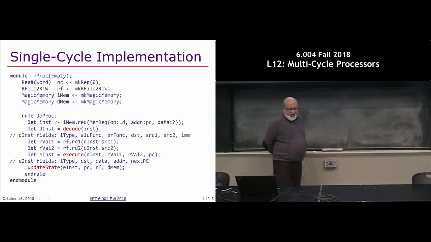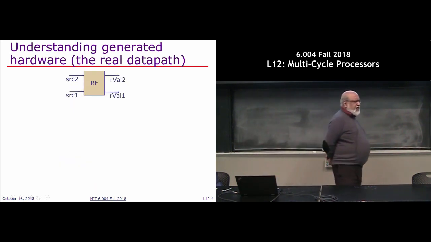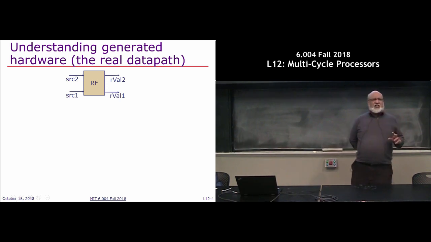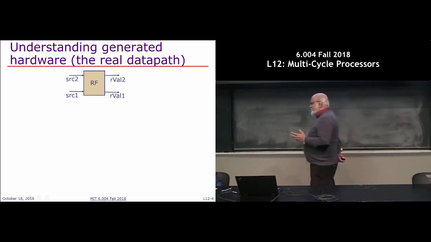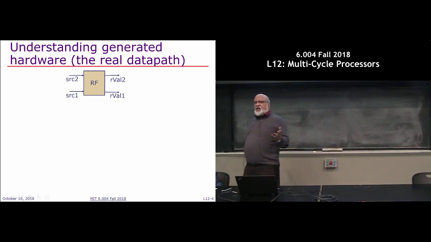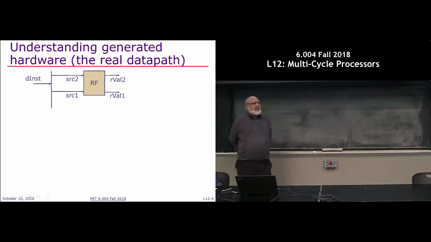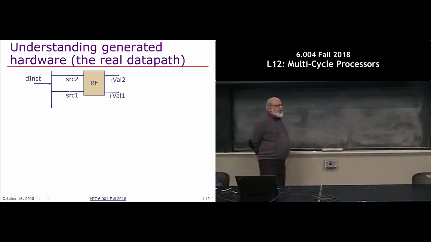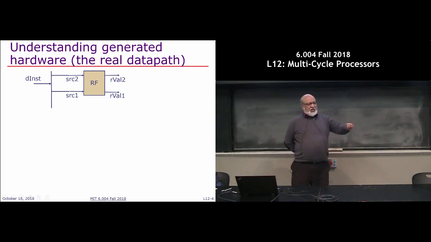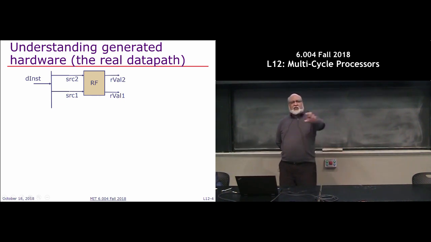Now let me demystify a little bit about the hardware generation. I'm not going to give you all the details. So we have the register file and a decoded instruction, which gives me the source fields. You can imagine that the decoded instruction is coming out and there are some wires from it that connect directly to the register file.